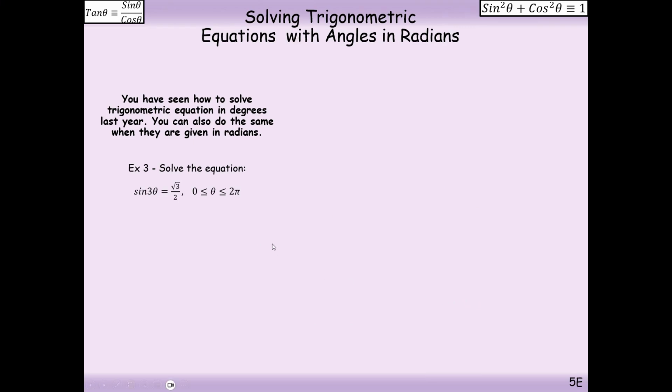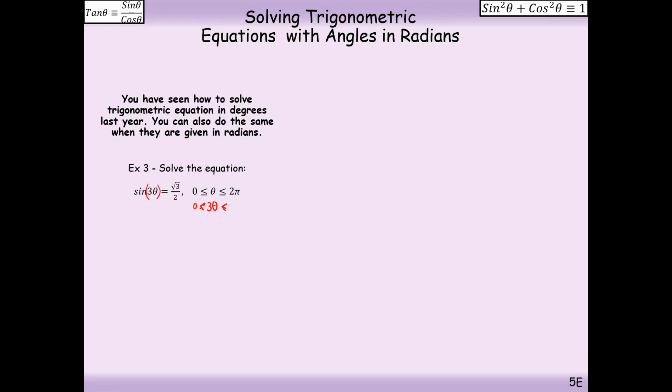So in this next example, we have sine of 3 theta equal to this ratio. Now, this is where it's important. You look at what's in front of the sine, it has a multiple of theta. Therefore, we have to adjust our range, and we multiply by 3.